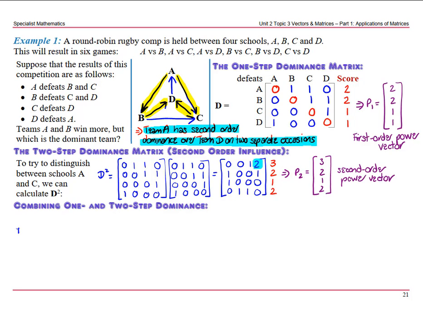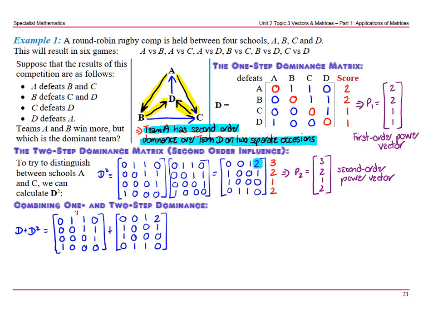Now if we combine those and go D plus D squared, so that's our D and that's our D squared, 0 plus 0 is 0, 1 plus 0 is 1, 1 plus 1 is 2, 0 plus 2 is 2. So you're just adding the corresponding elements, and then we can get our score from that.